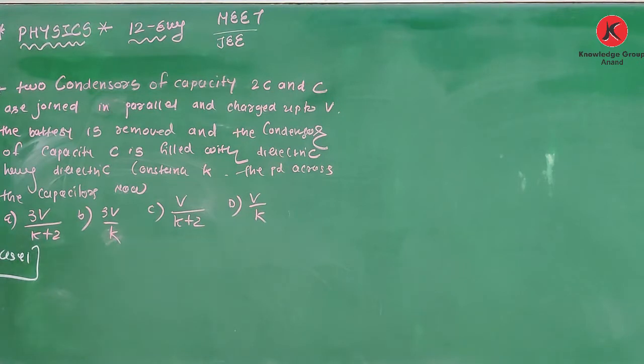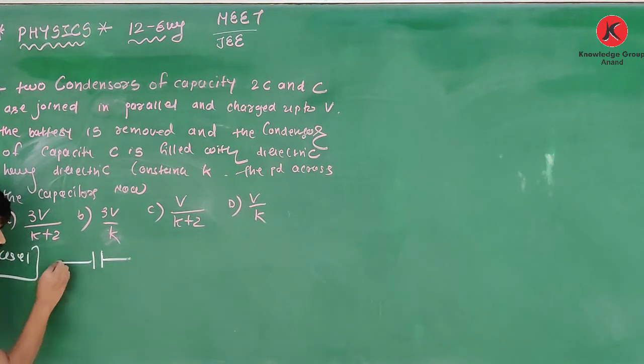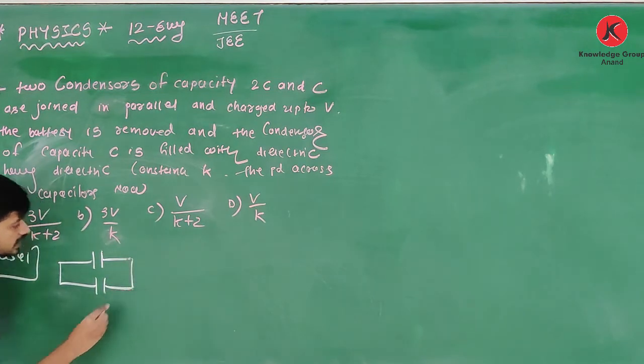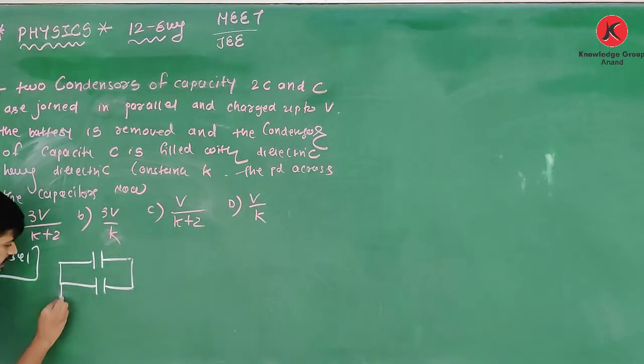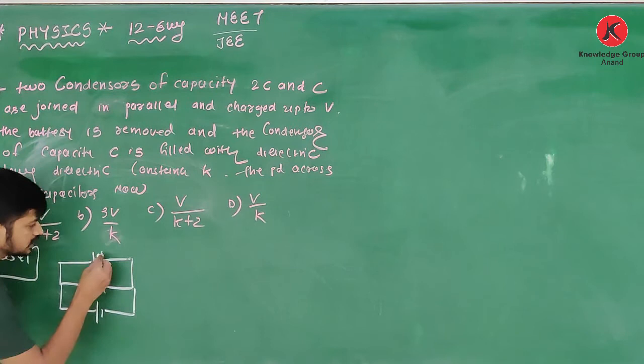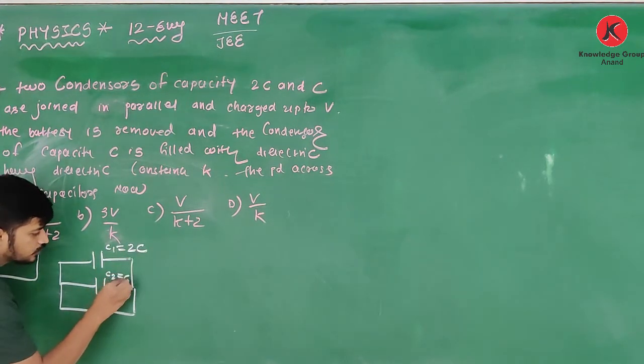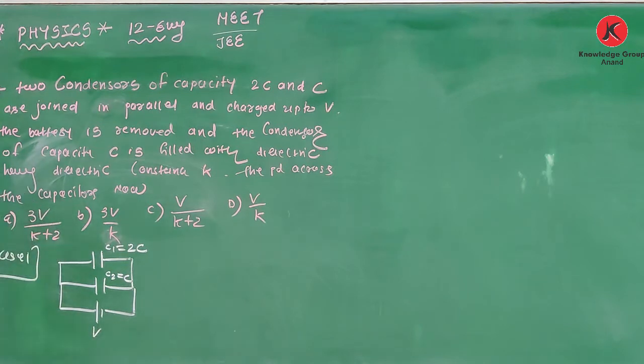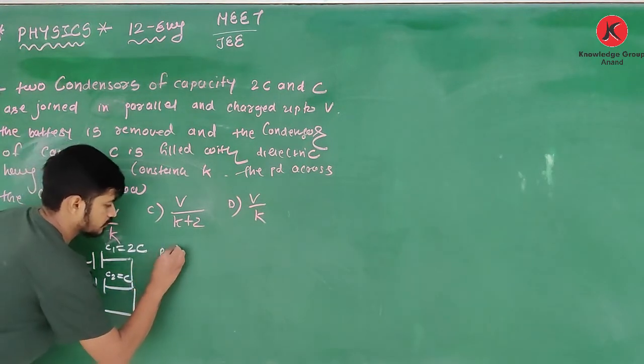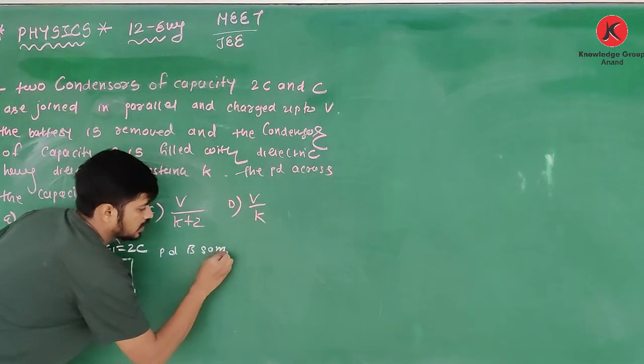Two condensers of capacity 2C and C are connected in parallel and charged up to V. Here let C1 is equal to 2C and C2 is equal to C, charged up to voltage V. Simple? Yes. As these two are in parallel connection, potential difference is same.